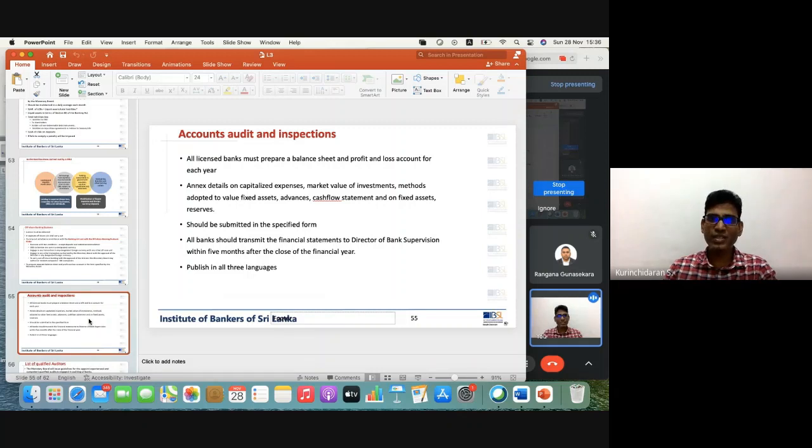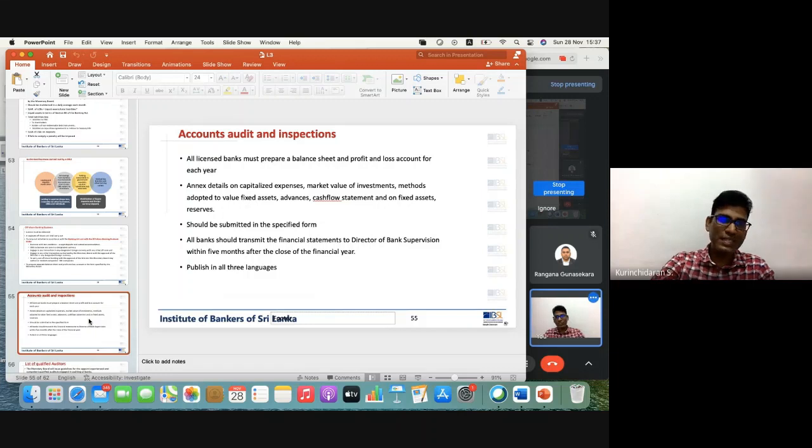It also talks about accounts, audit and inspections. There is nothing complex here, you can read and understand. You have to have financial statements that are audited, and how often they should be published, and published in all three languages, is all given there.